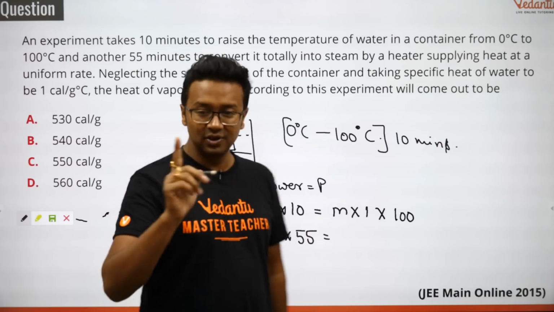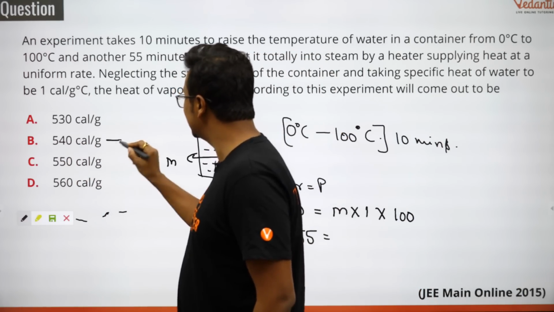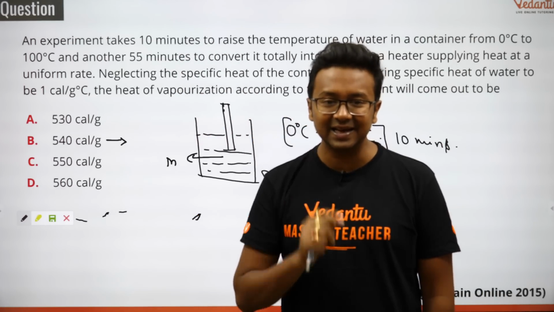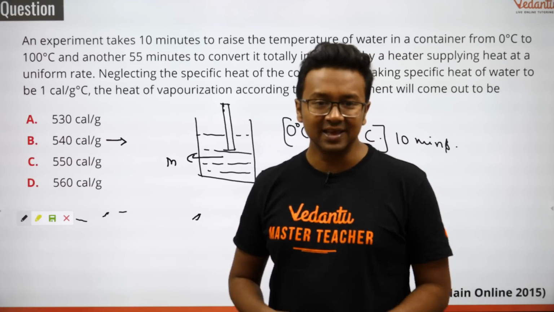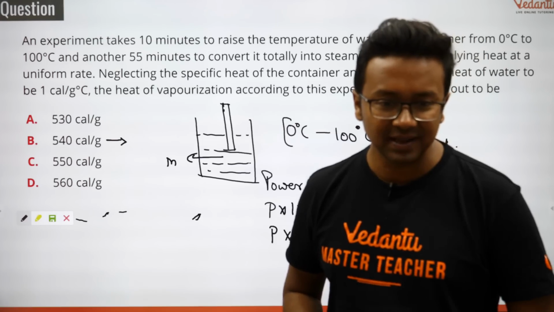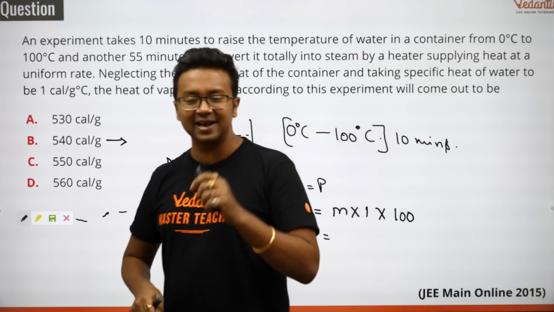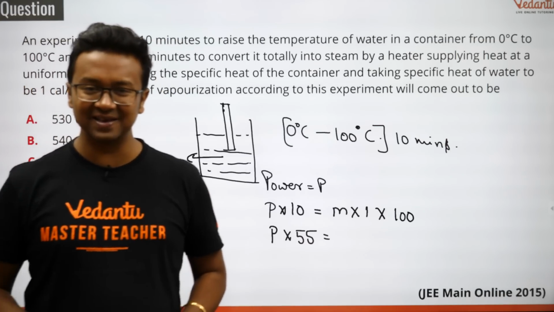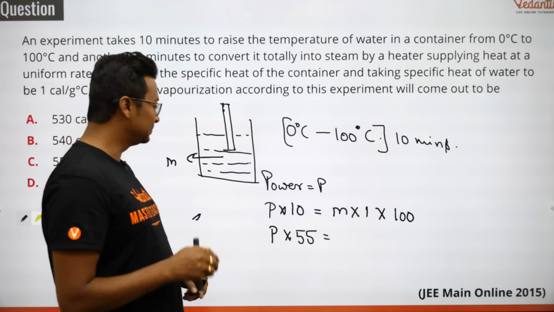I have used this question multiple times and 60% of the students choose this because they have already memorized that the latent heat of vaporization is 540. Yes, Dalveer, Adi, Deepak, Pradeep, Gamer Pro, all of you are giving me the right answer. The right answer is 550. You guys are well prepared for your JEE Mains, it seems. Okay, good job guys. Chalo.